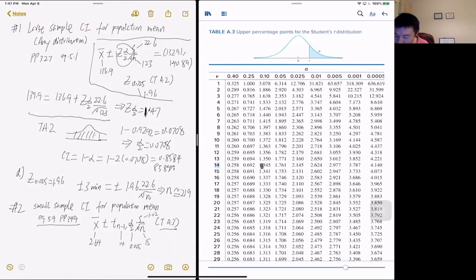And the 0.025 is alpha. We found the value for 0.025 is 2.145. So the t-value is 2.145. From there we can calculate the confidence interval.